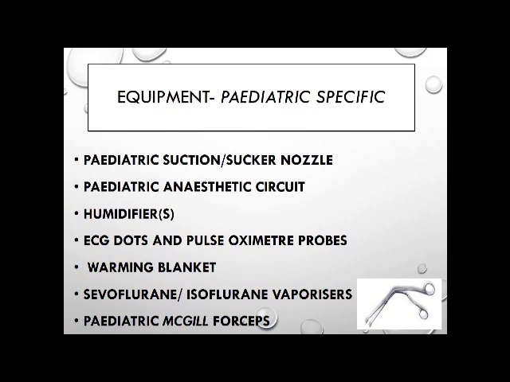Use of humidifiers within the circuit is highly recommended. ECG dots, pulse oximeter probes, and warming devices. Sevoflurane and isoflurane vaporizers, most machines are pre-equipped with them. Sevoflurane is one of the ideal inhalational agents commonly used in abundance for pediatric patients, and also having access to a pediatric Magill forceps, which is highlighted in the diagram there.